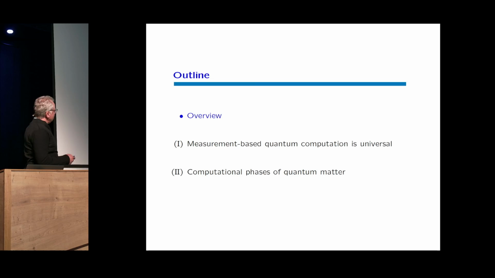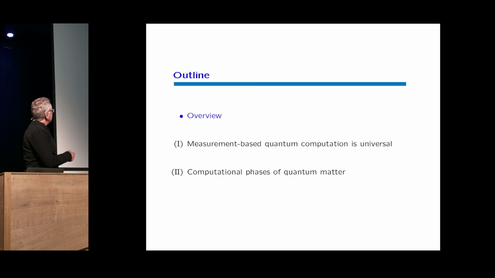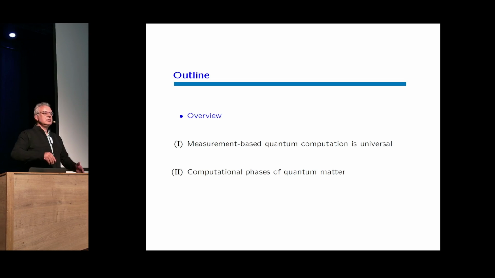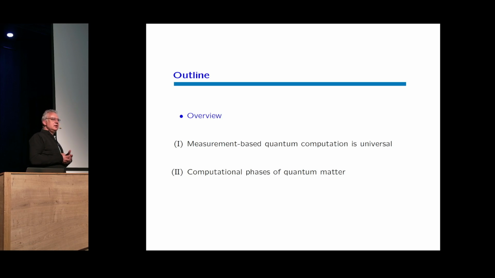Good. So here's the overview, the outline of what I want to say. I want to be brief where I overlap with Sophia. A little bit of review is nice, but I also want to tell you a few new things. So we have the universality proof, which I will talk a tiny little bit about.